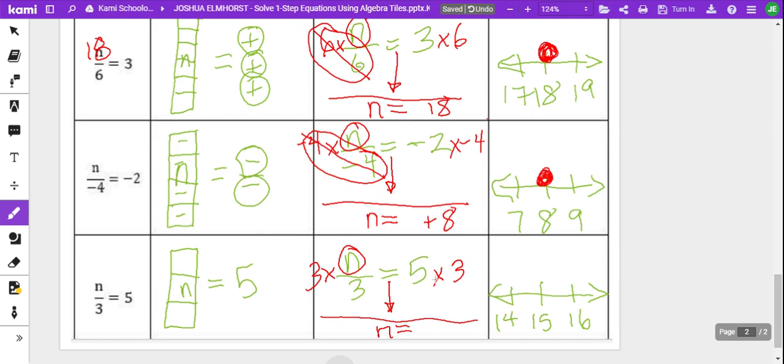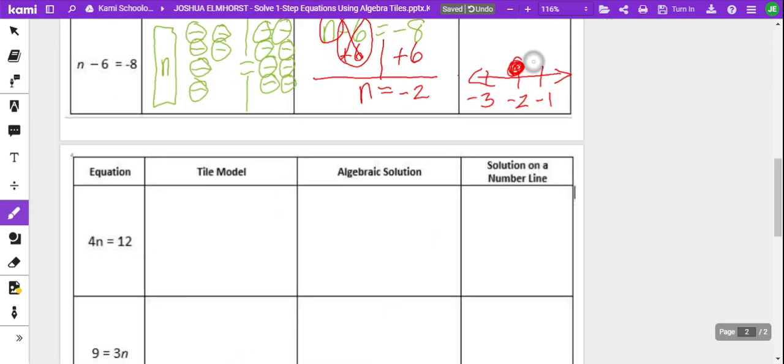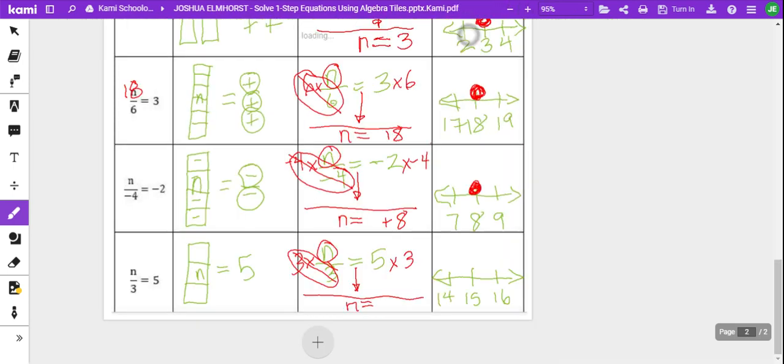What we do to one side, we'll do to the other. So this will cancel on the left. Now we have the variable equal to 5 times 3, which is 15. And just a quick number line will be between 14 and 16.